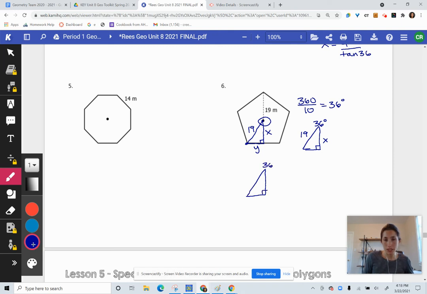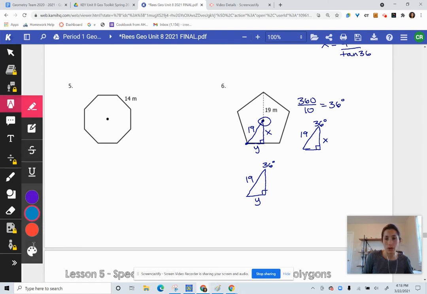We've got 36 degrees, we've got 19, we've got y. Once you know the values of x and y, all you need to do is find the area of that triangle. x and y are the base and height of that triangle. So we've got base times height divided by 2, multiplied by how many of these little half triangles fit into this entire pentagon.